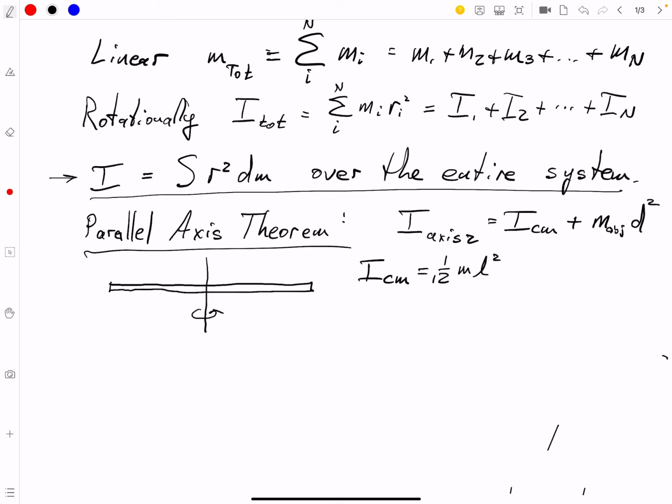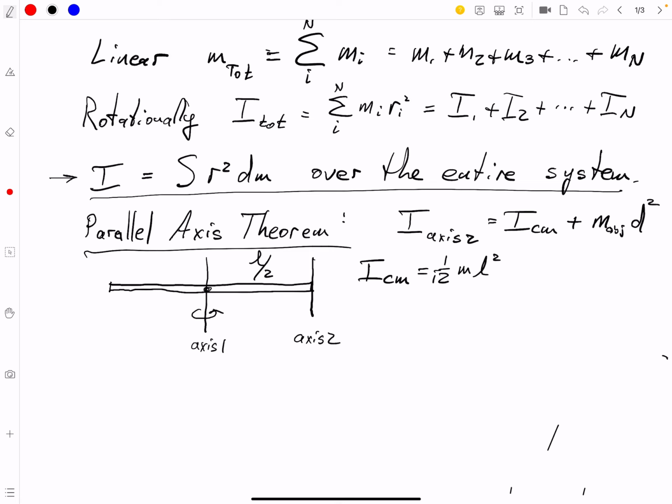And of course, the whole rod is length L. So we have our 1/12 mL squared. And if we put our new axis, so here's axis 1, here's axis 2.